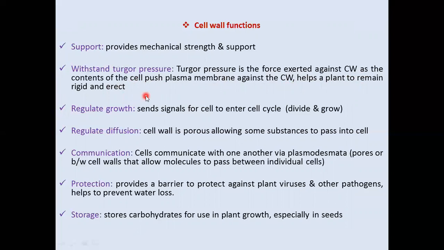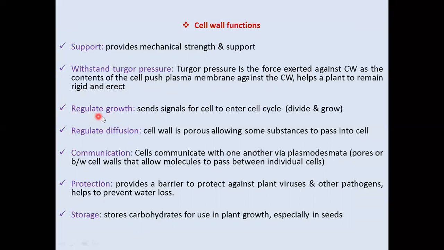So the cell wall is rigid and strong, so it withstands the turgor pressure, the force exerted by the internal contents of the cell, which push the plasma membrane against the cell wall, and in turn it helps the plant to remain rigid and erect.